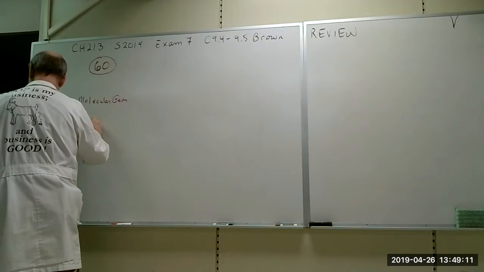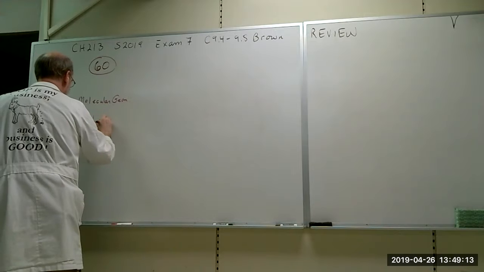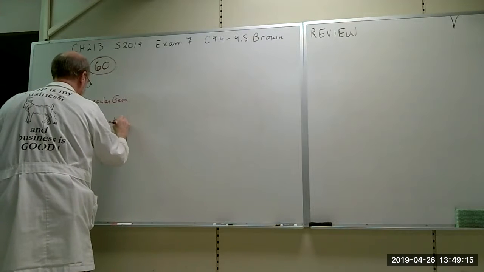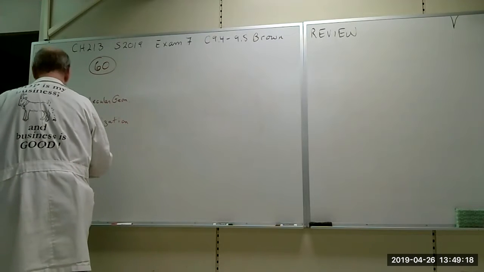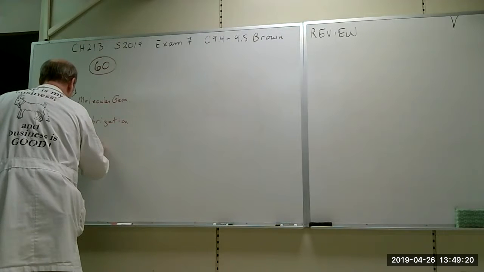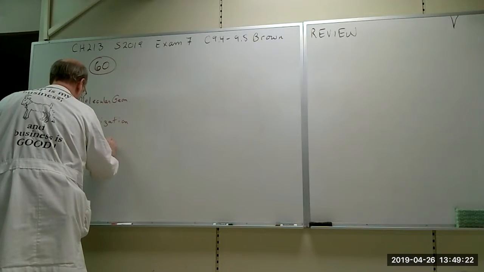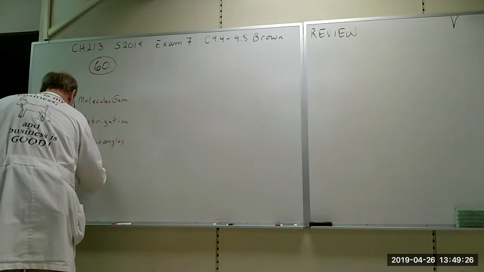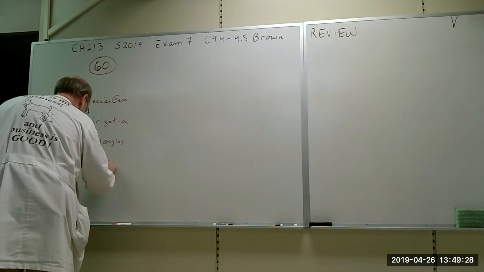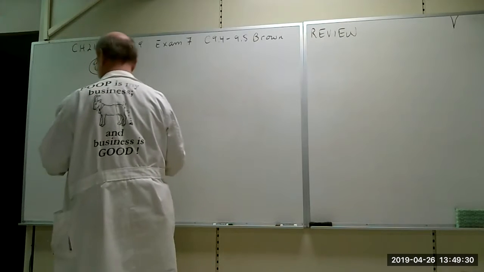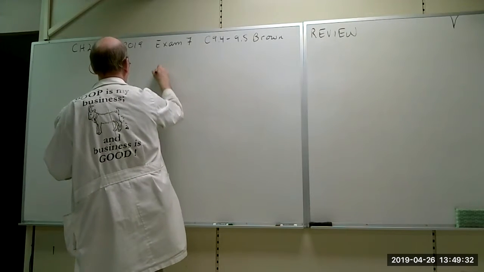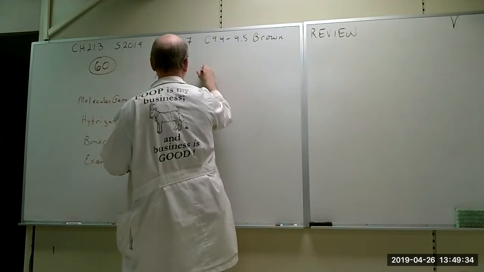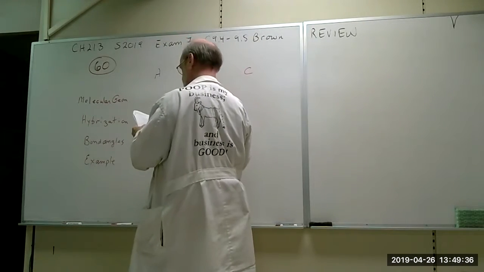Means the same thing in this case. What type of hybridization does it have? Bond angles. And an example. Okay. So this is molecule A, B, and C.